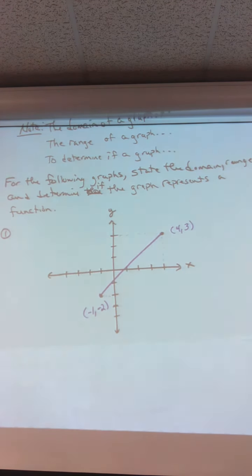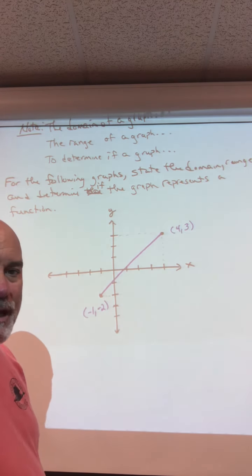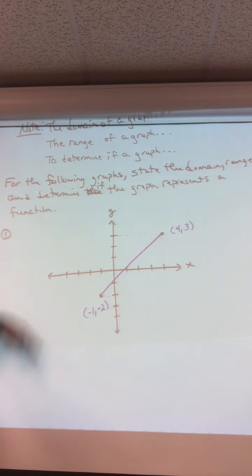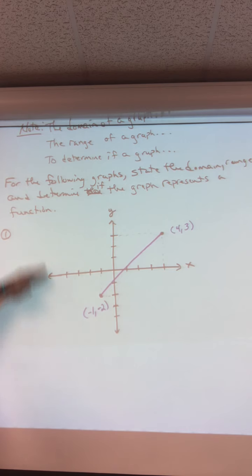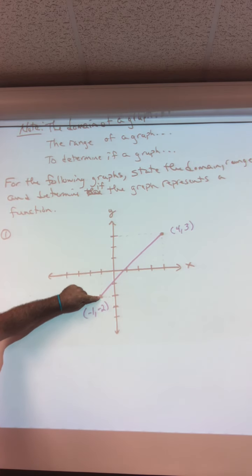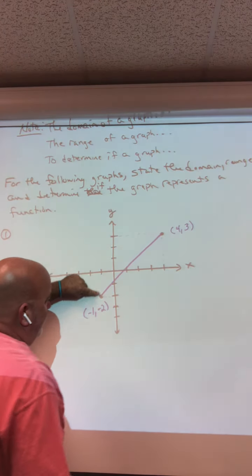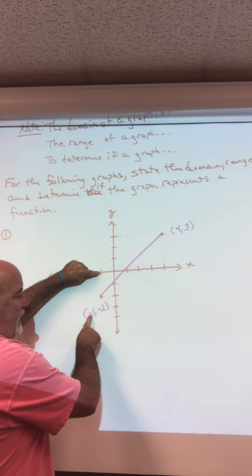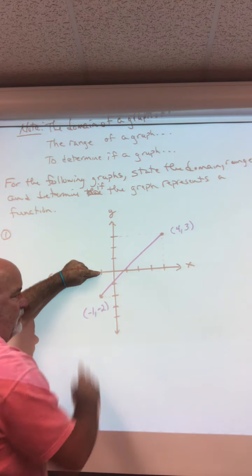Okay. Domain. What is domain of a graph? It's how far the graph goes from left to right. All right. Over here, there's no graph because this doesn't have an arrow on it. So this graph starts right here. Now, look at that first X number right there. It's -1. And the reason I put this here so you can see where it's supposed to be.